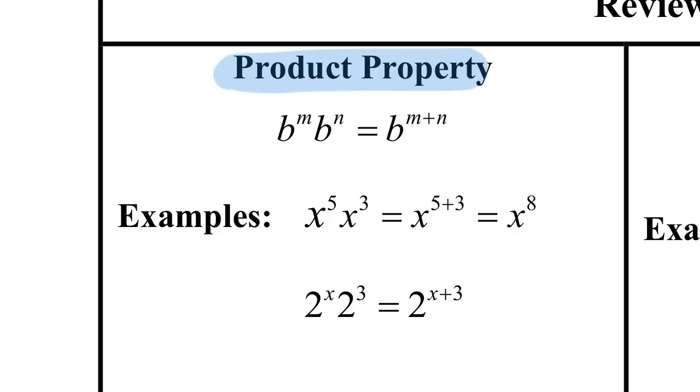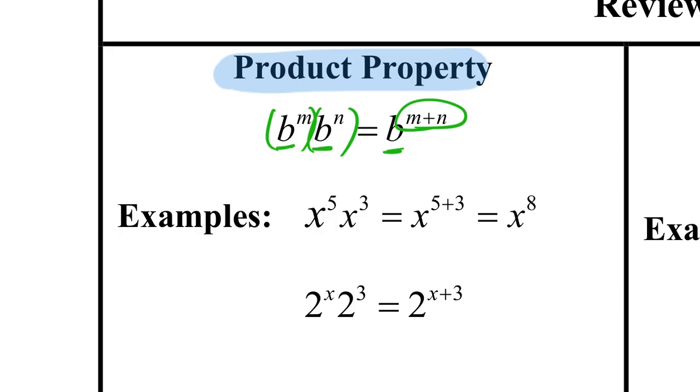A product property means if you have two of the same base and those are being multiplied together, then you can keep the same base and simply add those exponents, and vice versa.